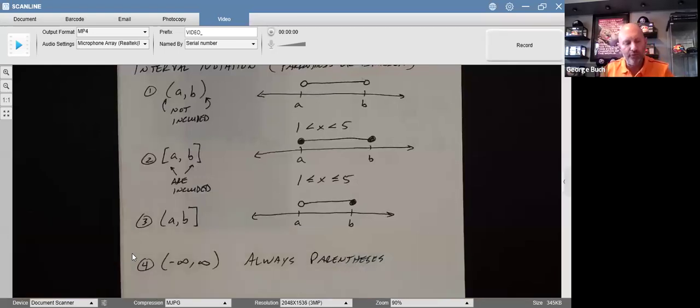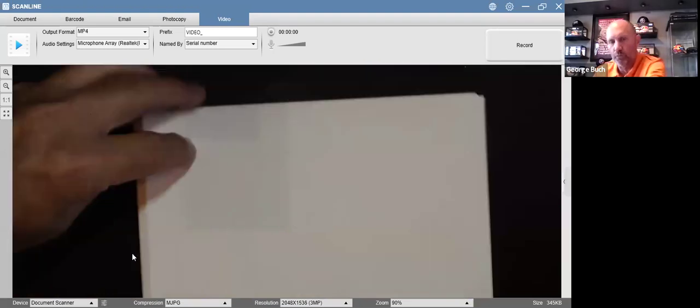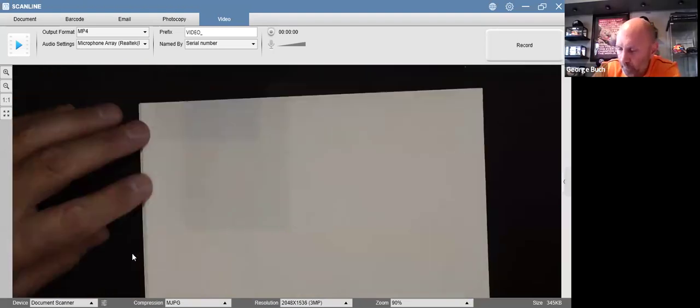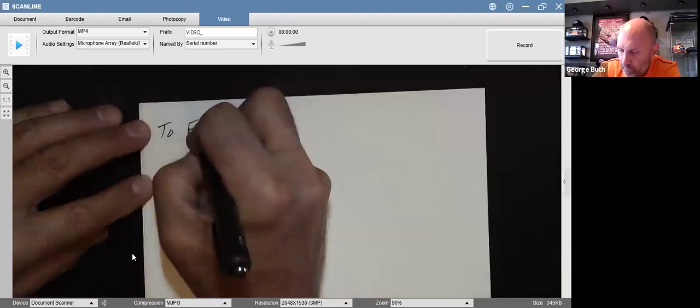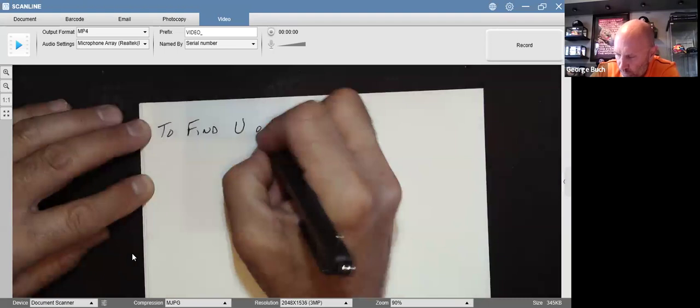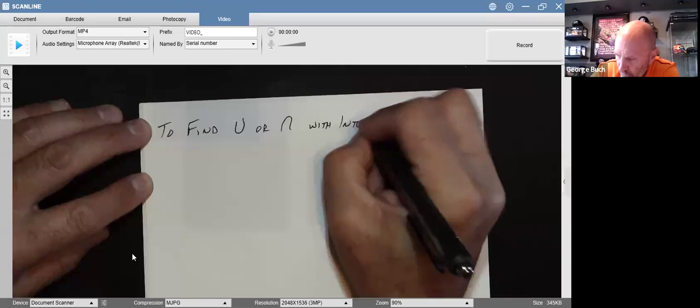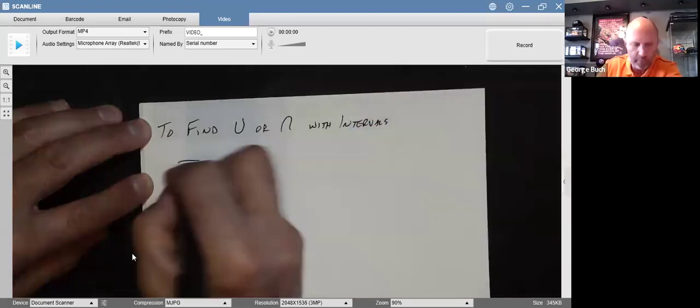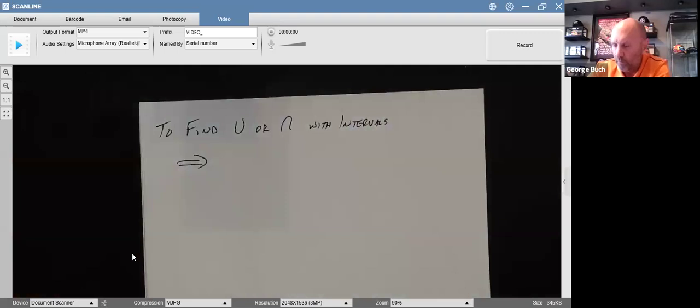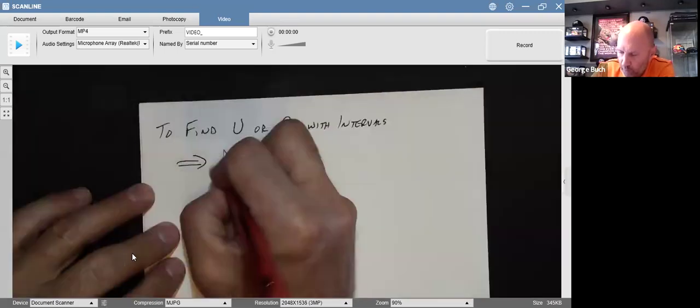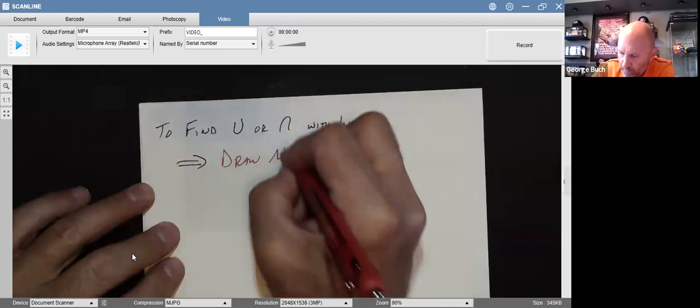And when we are trying to find intersection or union with interval notation, what we want to do, which will make our life a lot easier, is this: to find union or intersection with intervals, I'm going to write this in red, we're going to draw number lines.